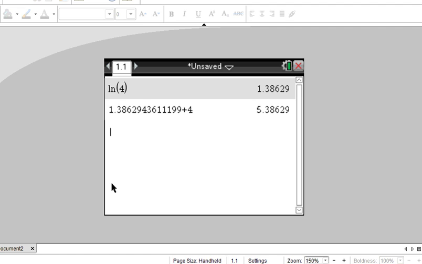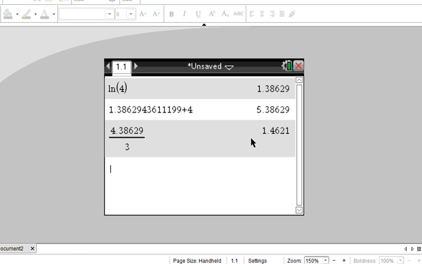Let's see, it's going to be 4.38629, and that'll be divided by 3.